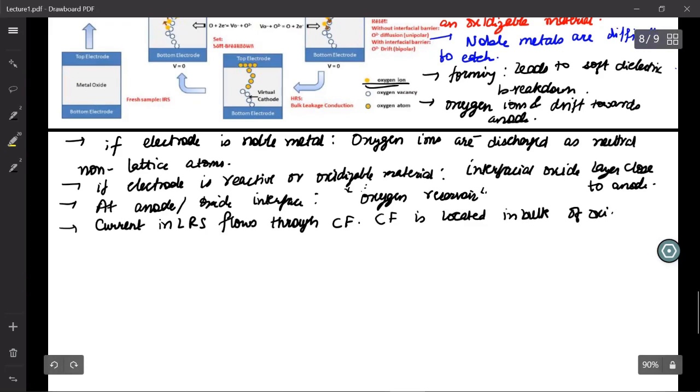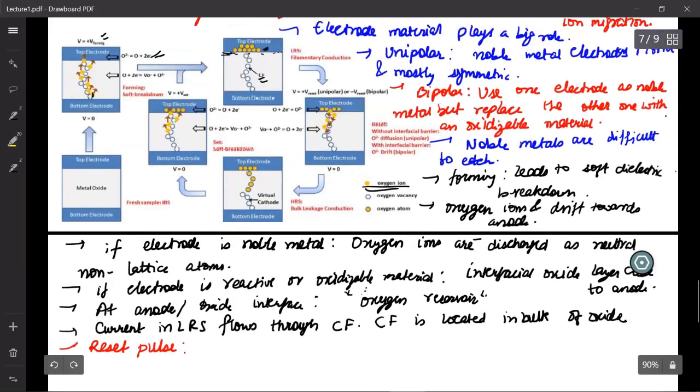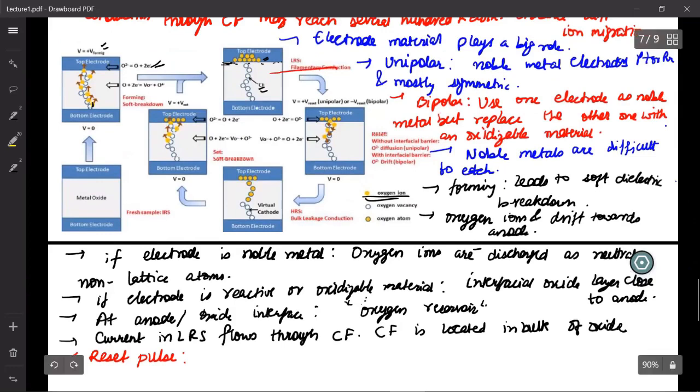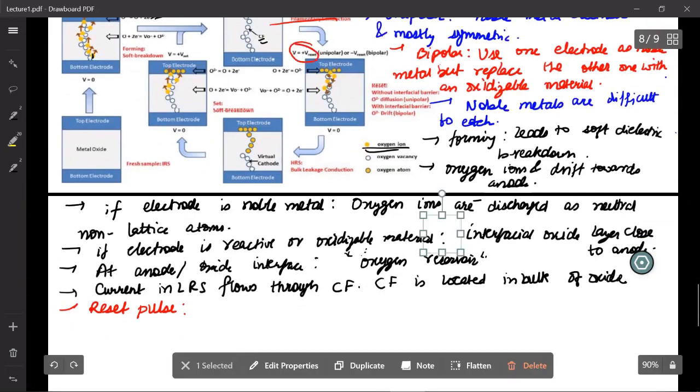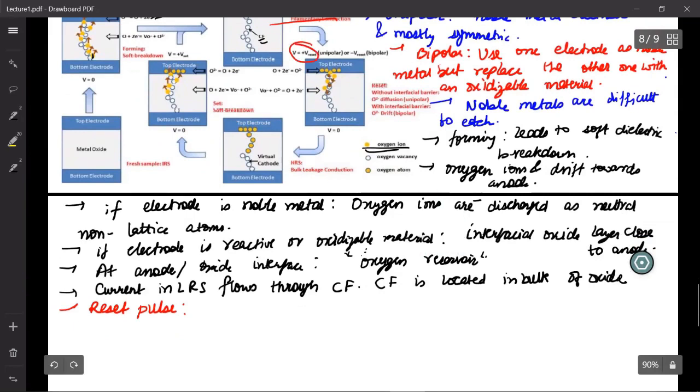Now, what happens when you apply a reset pulse? LRS is filamentary conduction, that is true. When you apply a reset pulse, if it is unipolar conduction, then V reset will also be positive. If it is bipolar conduction, your V reset will be negative.